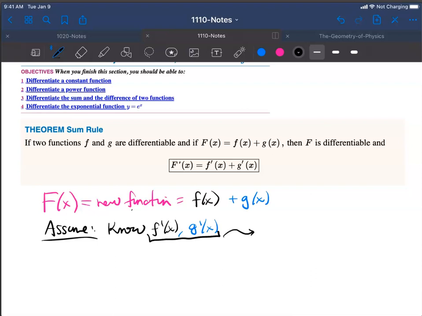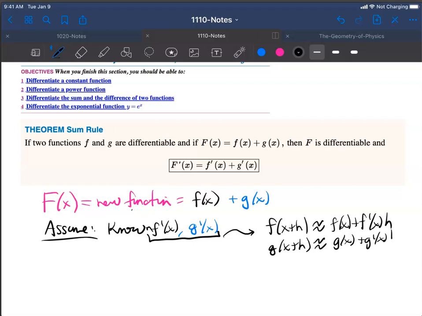And where are you getting those derivatives, f prime and g prime, from? This is what we're assuming that we know: that the little function f of x plus h is approximately f of x plus its derivative function times h when we do the expansions and do the approximations. The question is, for this new function big F of x, what is the derivative?